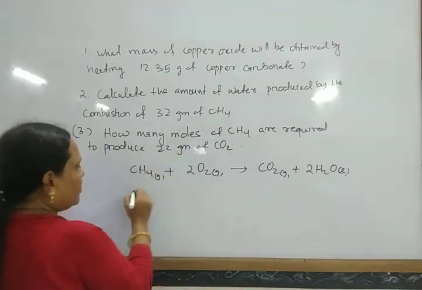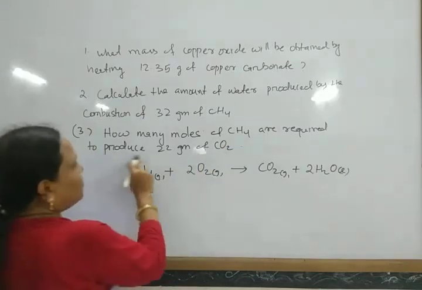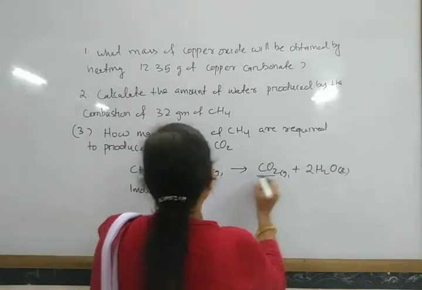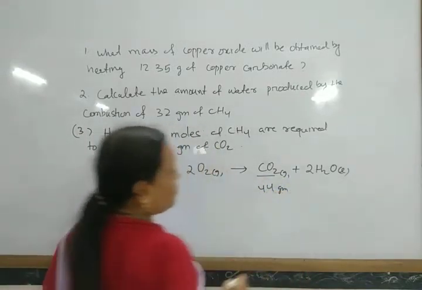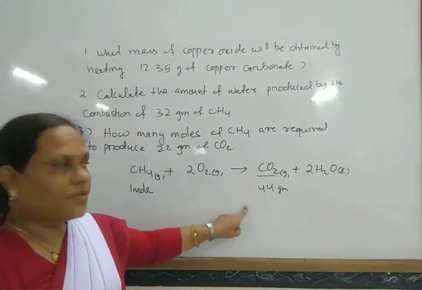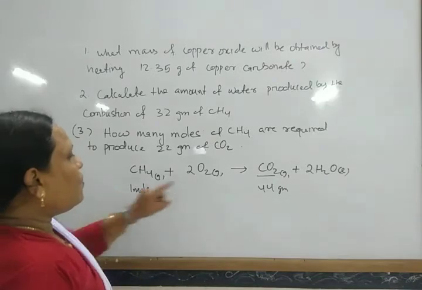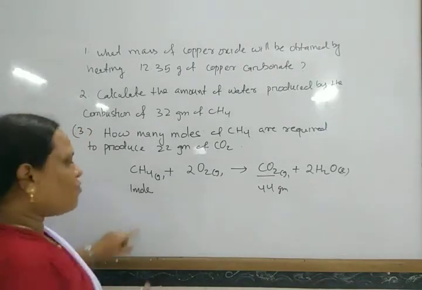So mole relation given. This is 1 mole required to produce 22 gram. Here also 1 mole, and for 1 mole this is equal to 44 gram. Its gram molecular mass is 44 gram. So 44 gram of carbon dioxide is produced for 1 mole.